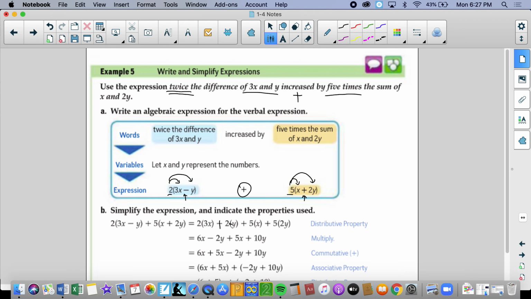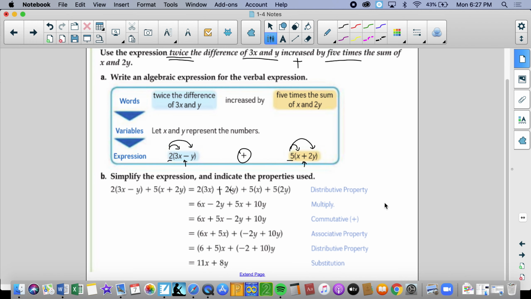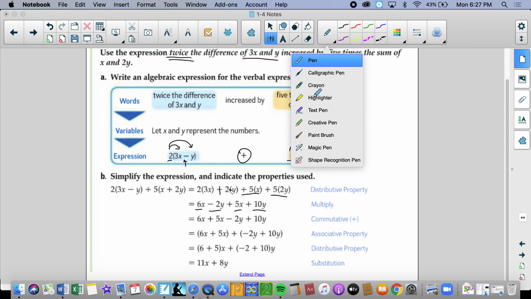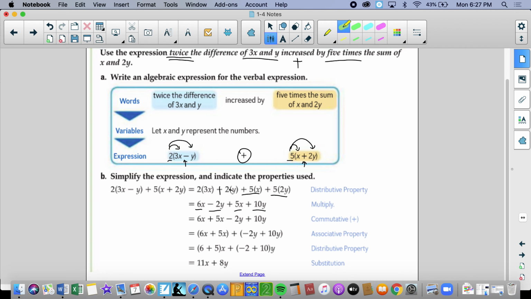And then we'd simplify 2 times 3x. They are unlike terms. However, we are multiplying, so we can multiply unlike terms. That's okay. So 2 times 3x gives me 6x. 2 times negative y is negative 2y. 5 times x gives me 5x. And 5 times 2y gives me 10y. Now, do we have any like terms? Yes, we do. We can add this x and this x.